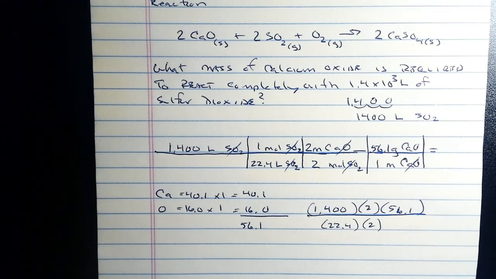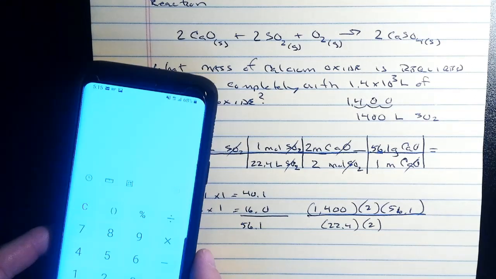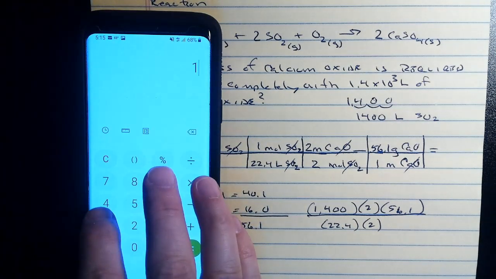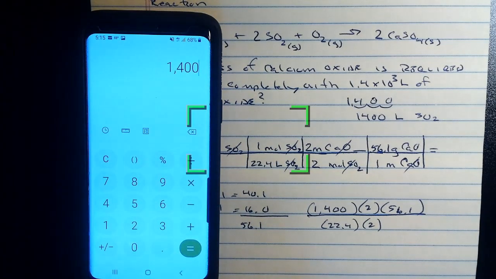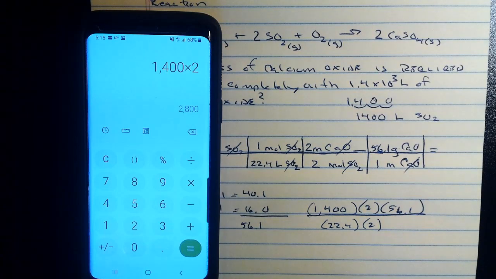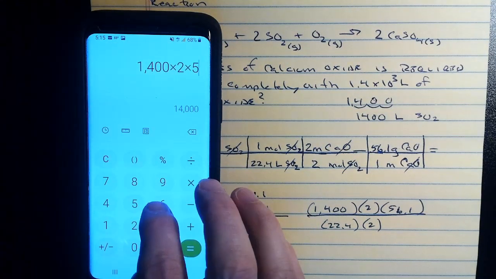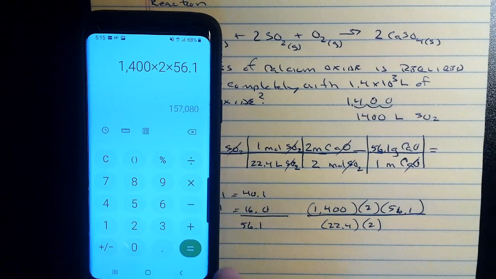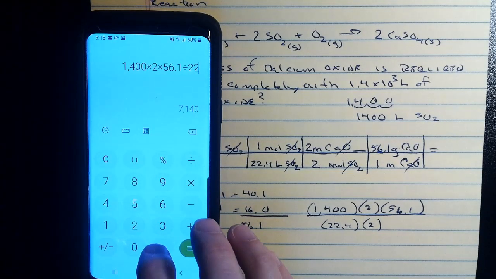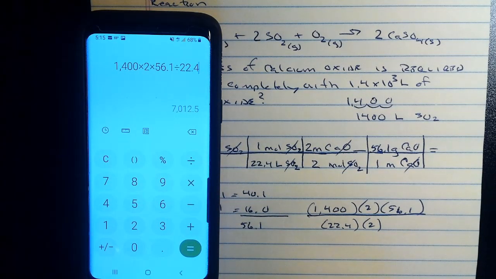Okie dokie. And we got this right here. Okay, now we go. So we got 1,400 times 2, and it calculates 2,800 times 56.1 goes to 157,000 divided by 22.4, so we get 7,000.